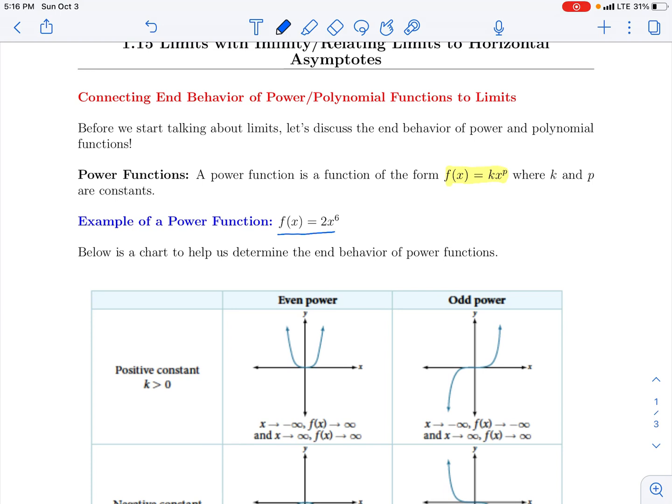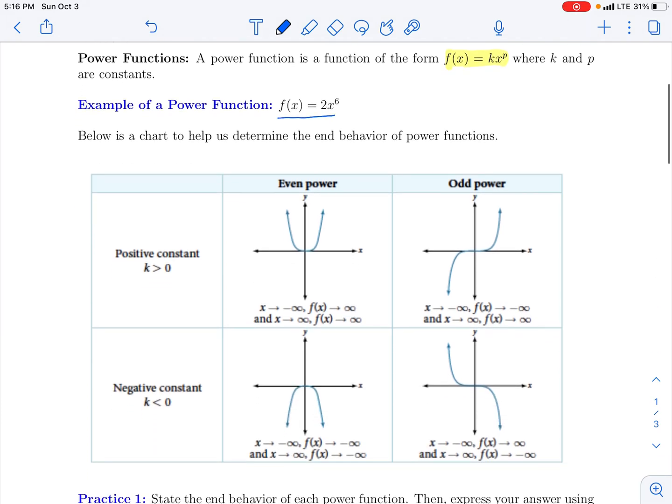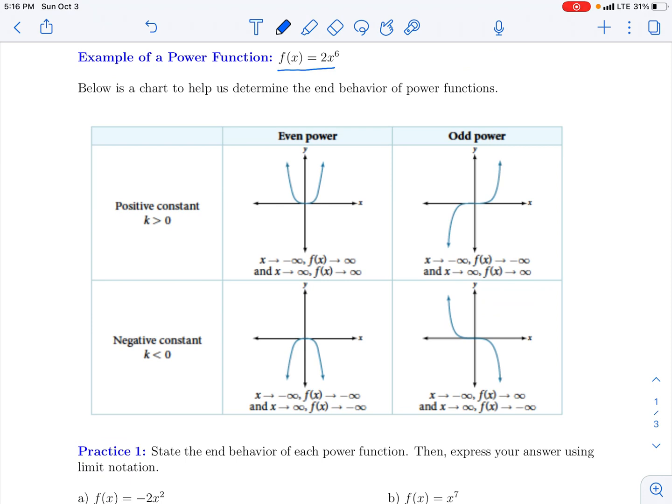So how do we go about figuring out the end behavior of these functions? Here I have a summary chart that helps you figure out the end behaviors for all power functions. In the first row, it's talking about when your k, the number in front of x, is positive and the power is even.